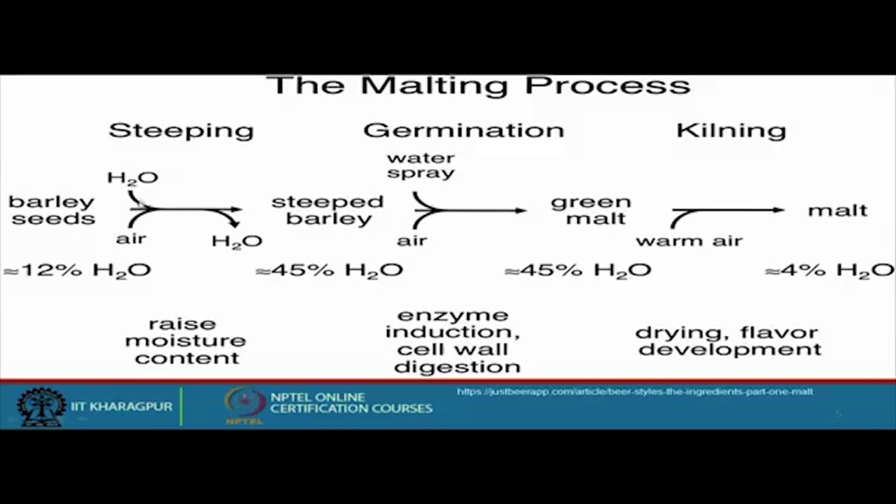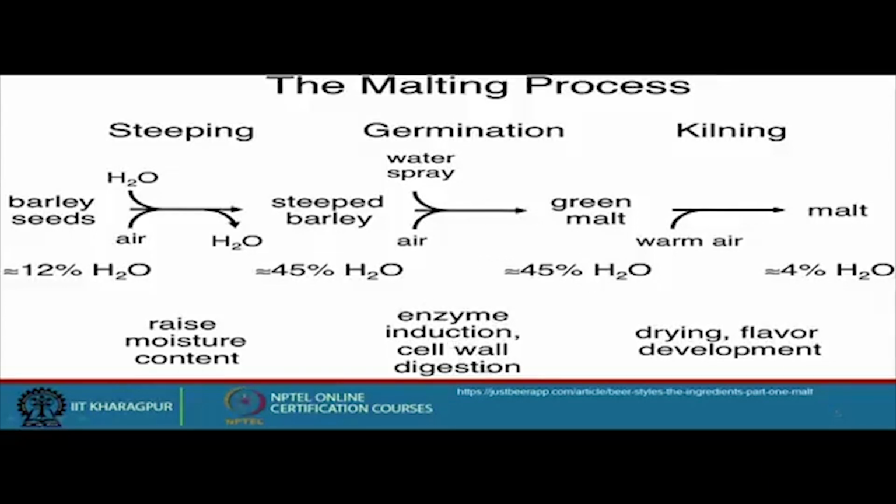Now it can be explained like this: in the steeping process, you keep the barley grains in water. Initially the water content of the barley grains is 12%. When you soak the grains in water, it increases to about 45%. Then we keep these barley grains under aerobic and humidified conditions so that germination takes place.